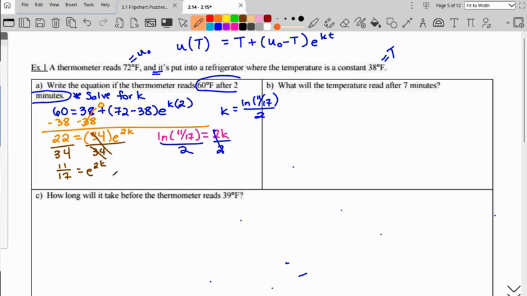That'll look like u of t equals 38 plus 34 times e to the natural log of 11 over 17 over 2, times time. And I think they should have put a lowercase t there, because it's a function of time.